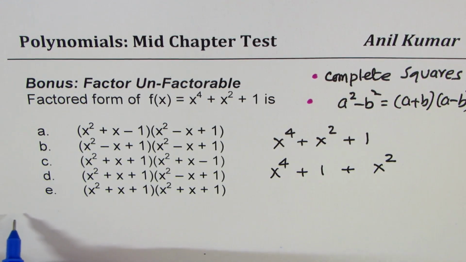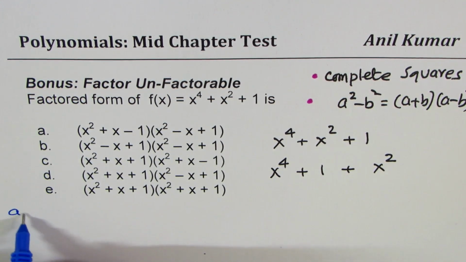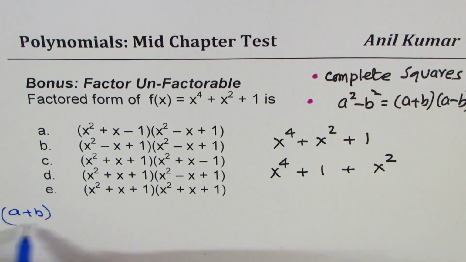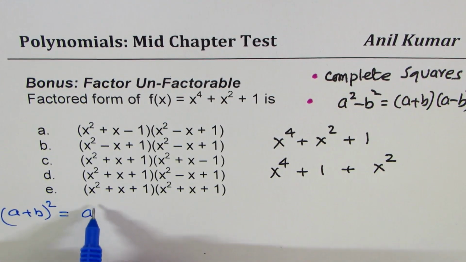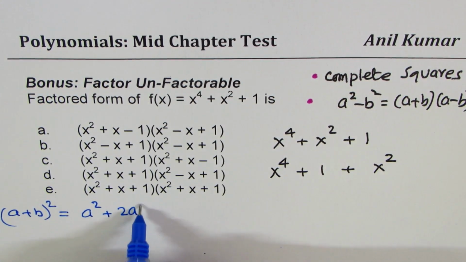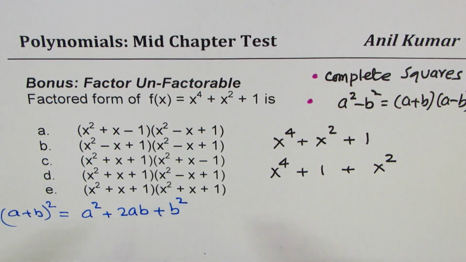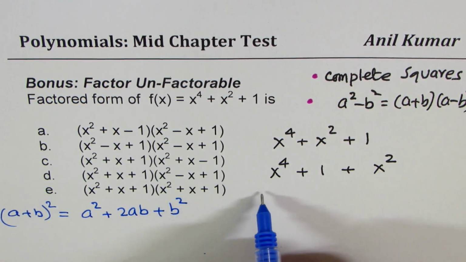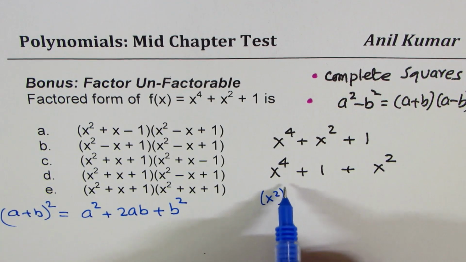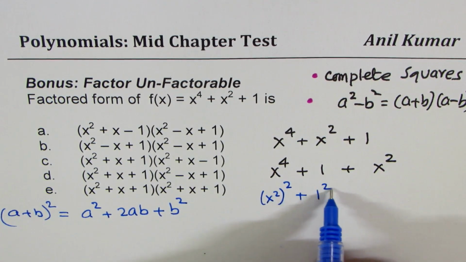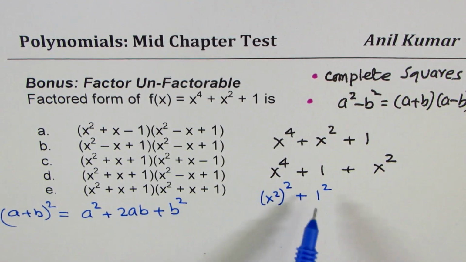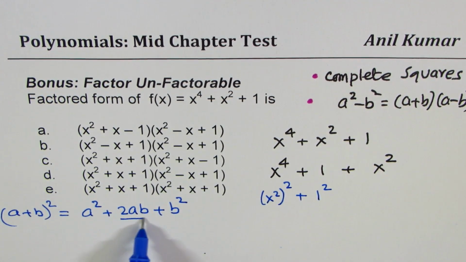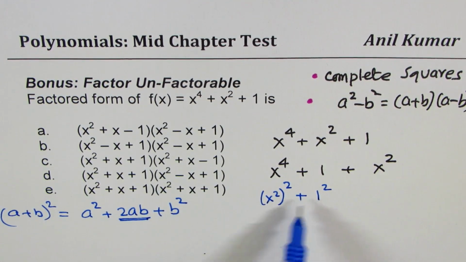Let's do this. If I have, let's say, a plus b whole square, then it is basically a square plus 2ab plus b squared. Now we have two squares here. That is, we already have 1 square plus 1 square, that means x square whole square in this. The term which is missing is the center term, twice these two quantities.